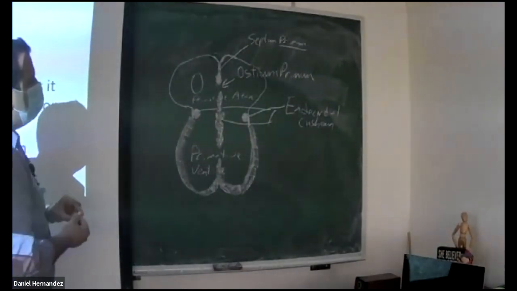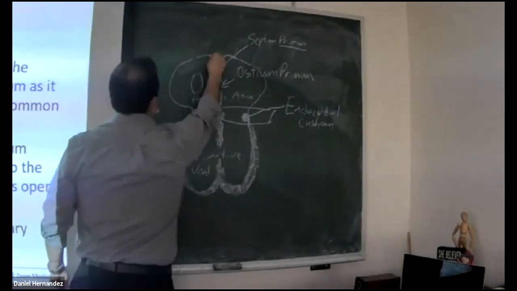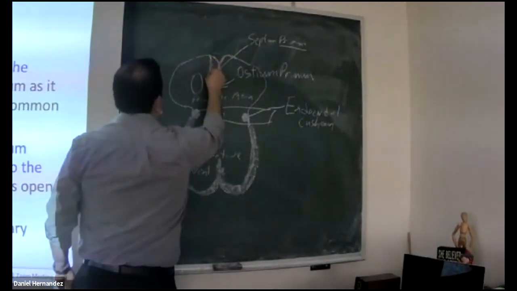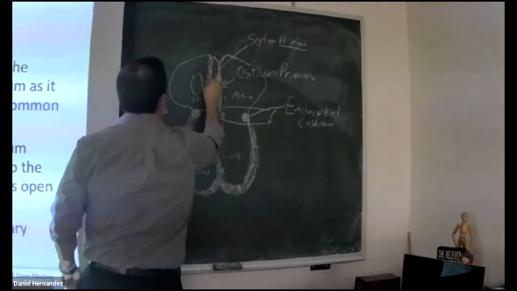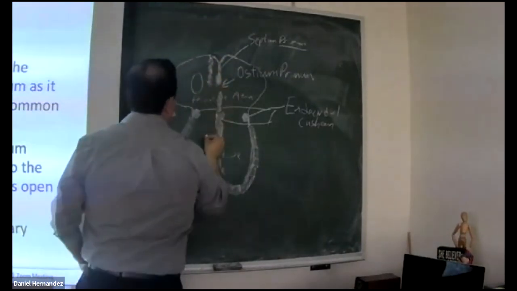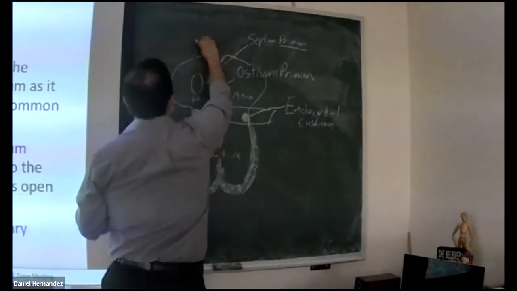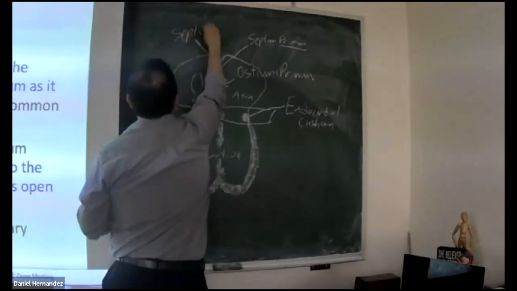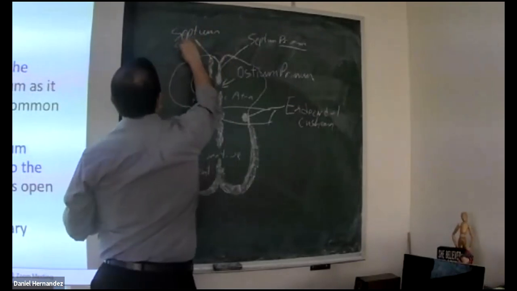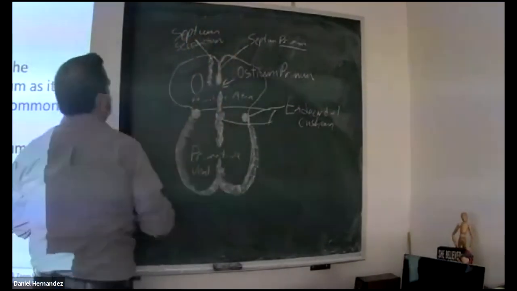And as we move along in development, a second septum is going to form on the right atrial side, coming down. And this becomes your septum secundum, your second septum.